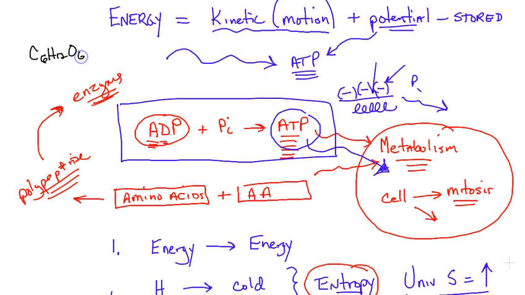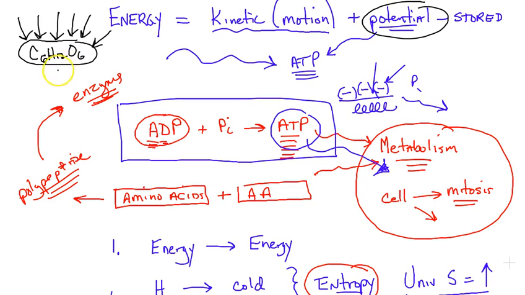If you think about how it was made by the what? The chloroplasts in plants. And they used what? The sun's energy from the what? From the environment to put it into the bonds, so that glucose has high potential energy.